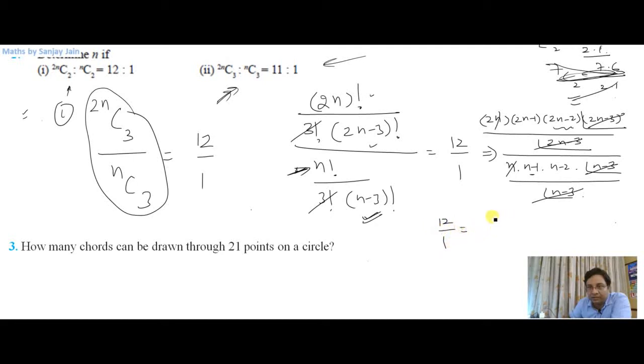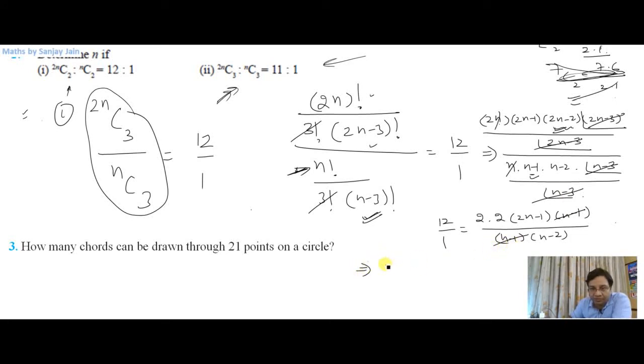12 by 1 is equal to, this n is cancelled, so I'll write 2 here, and I'll take 2 common from this. So this will be 2n minus 1 into n minus 1, and here I'll have n minus 1 into n minus 2. This n minus 1 is also cancelled. Now I'll just cross multiply.